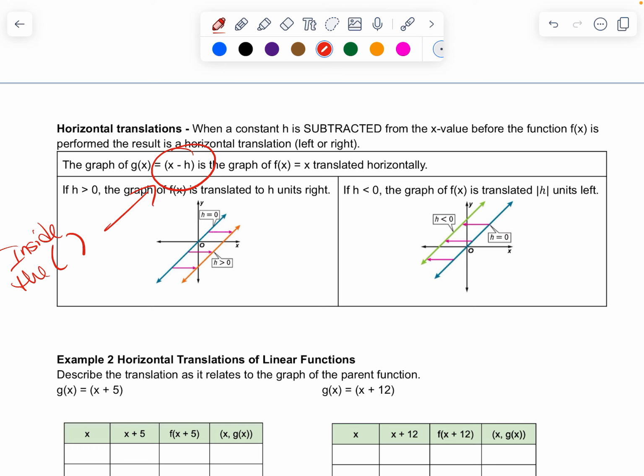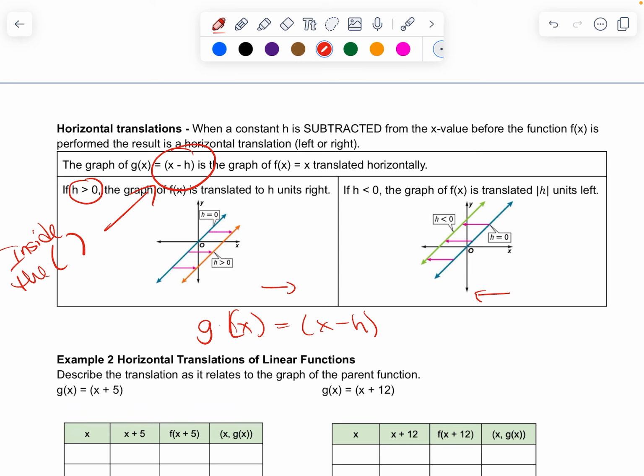So it's going to do the opposite of what you think it's going to do. If h is greater than 0, it's going to move to the right. If it's less than 0, it's going to move to the left. But you have to remember that this looks like this.